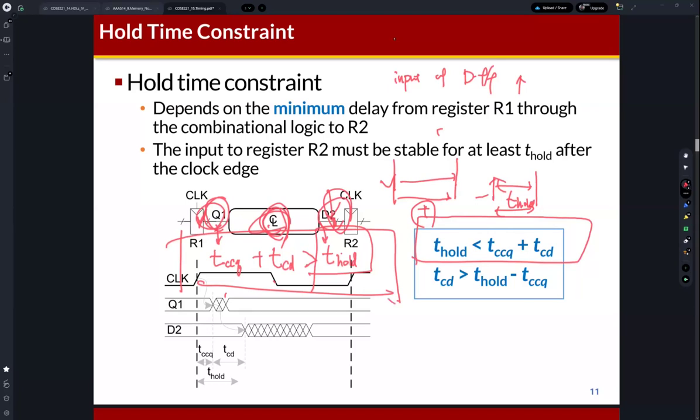So actually, the TCCQ is a unique feature of the D flip-flop, so we cannot change it. But TCD is also determined by the complexity of the combinational logic. If the combinational logic is not complex, very simple, then TCD can be very, very small.